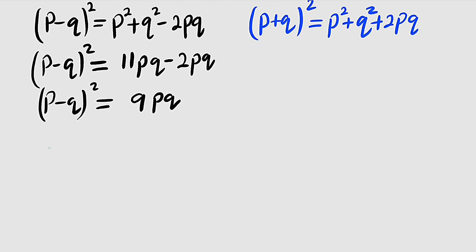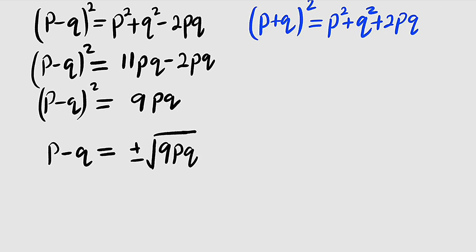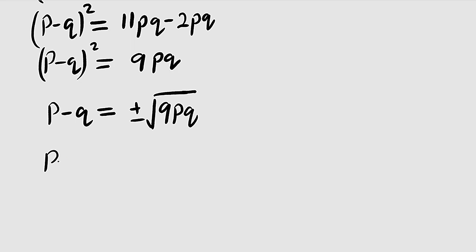To the left hand side, we will be left with p minus q. To the right hand side, we have plus or minus the square root of 9pq. p minus q is equal to plus or minus, the square root of 9 is 3, and the square root of pq remains.